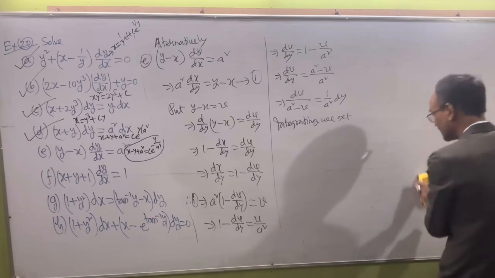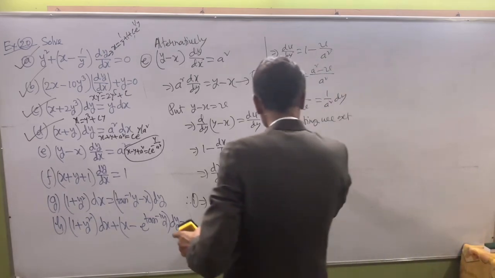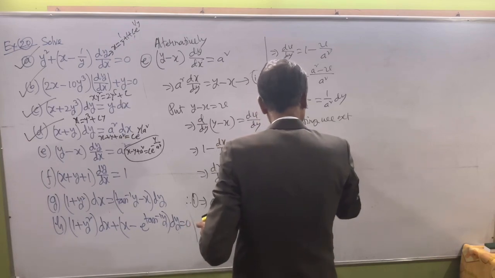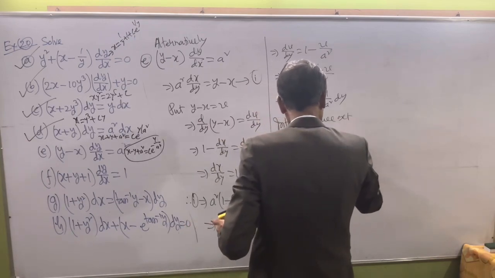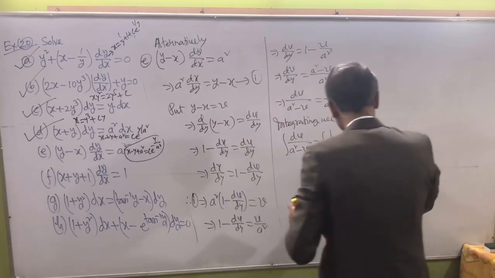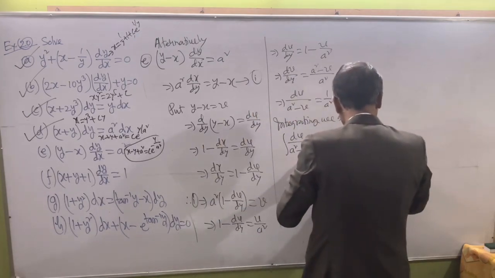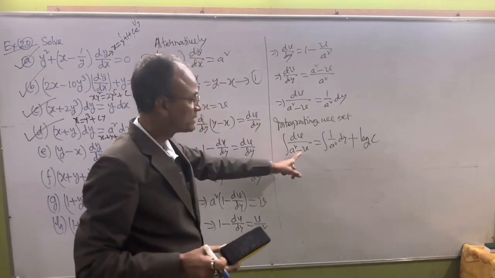integrating, we will get dv by a square minus v equal to 1 by a square dy plus the integration constant; write log c, because here log will come.